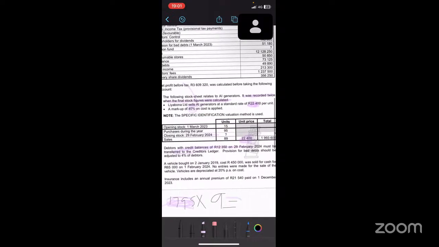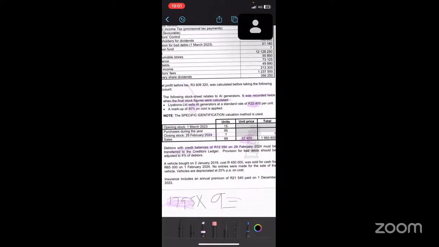4% of debtors. So that means we have to recalculate the new provision for bad debts. Remember, when we are doing the note, we start with our debtors less provision for bad debts, right?